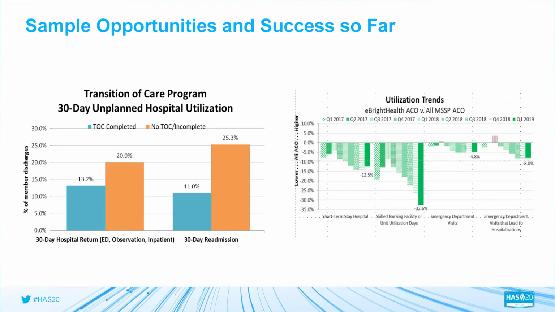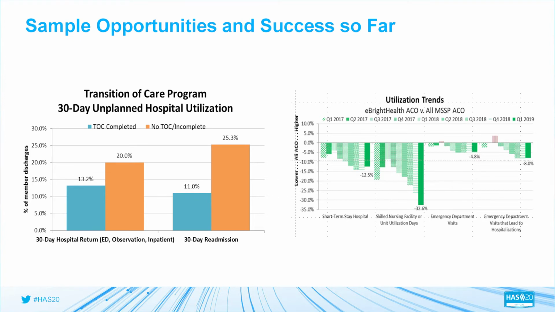But suffice it to say, when you compare the ACO that is managed using this risk stratification logic with the overall ACO statistics that theoretically do not use this risk stratification logic, the performance is much better. Really dramatic reductions in skilled nursing facility utilization days, short-term hospital stays, more than ED utilization, but certainly ED utilization also shows differences.